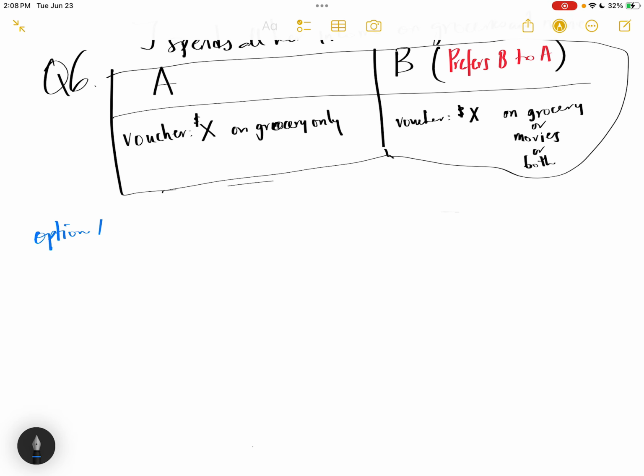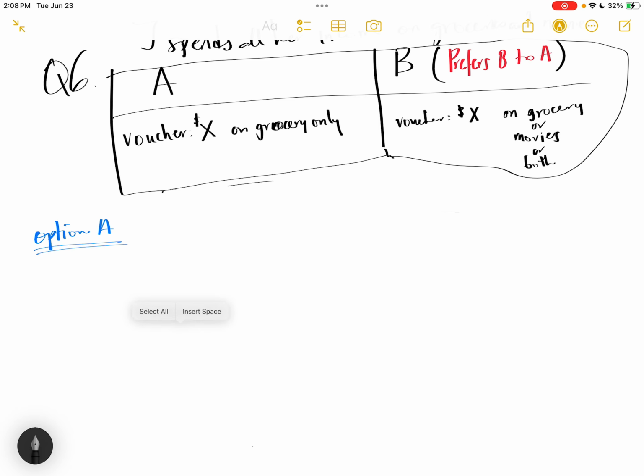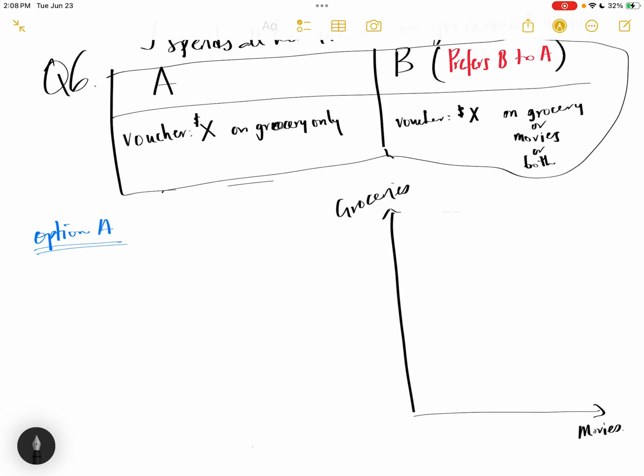Let's start on option A. Okay, to draw this budget constraint, I'll set it up here. Let's put groceries on the y-axis, and let's put movies on the x-axis. Okay, now option A.